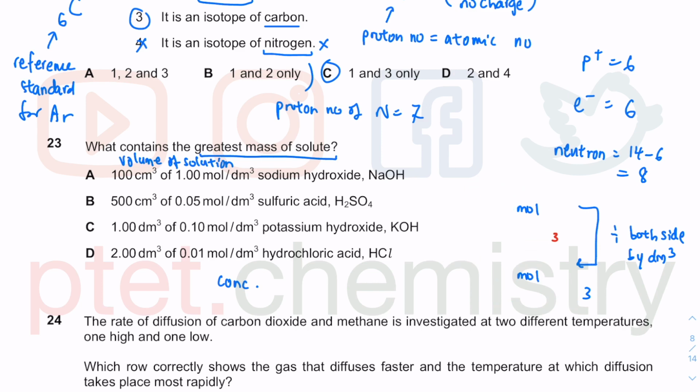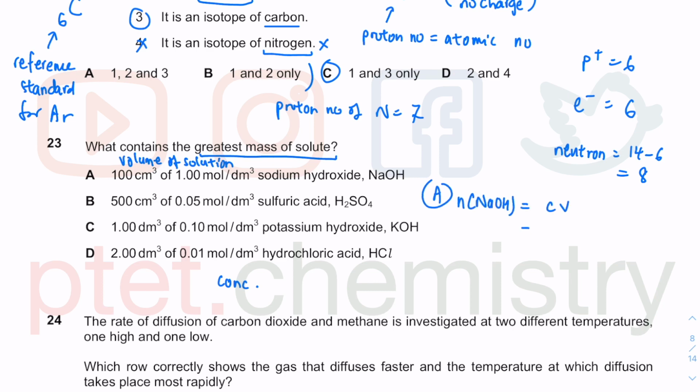So let's just do that. Let's do for A. So the mole of sodium hydroxide is going to be CV, so n equal to C times V. That is in mole per dm cube. The V must be in dm cube.